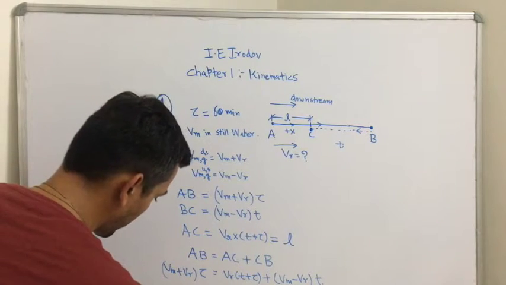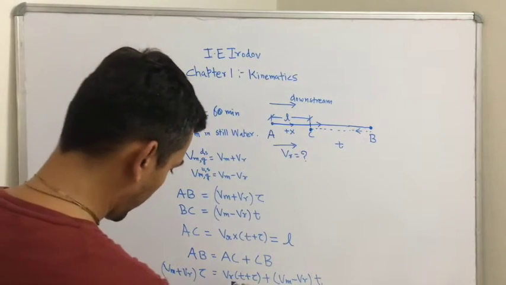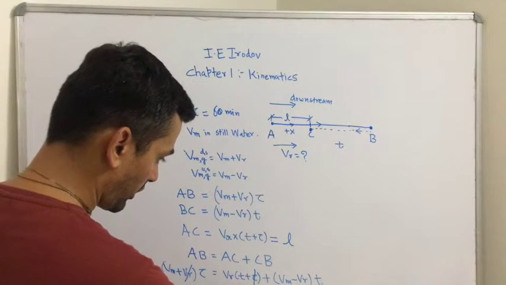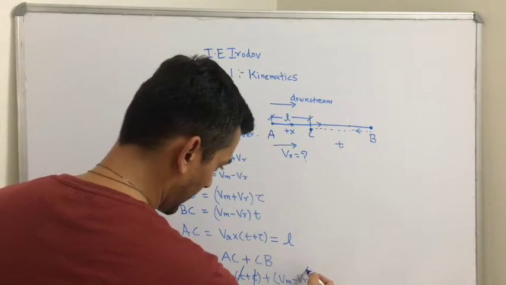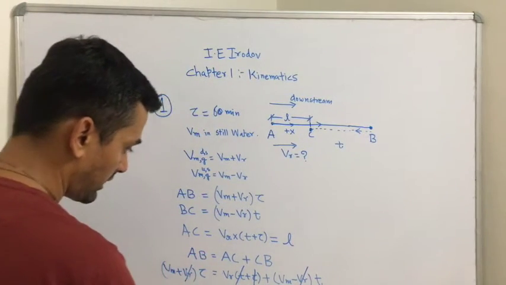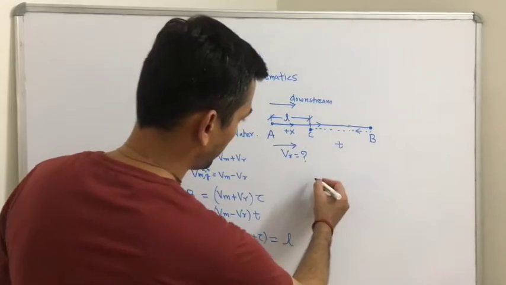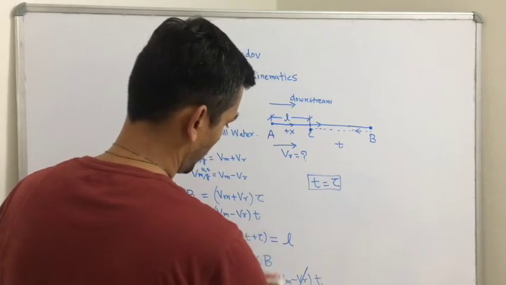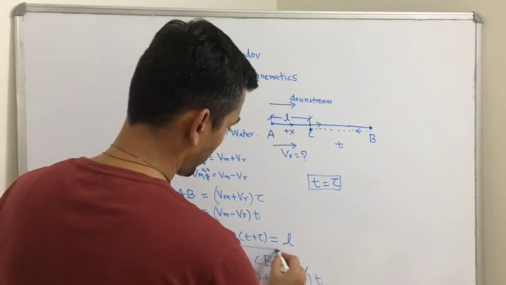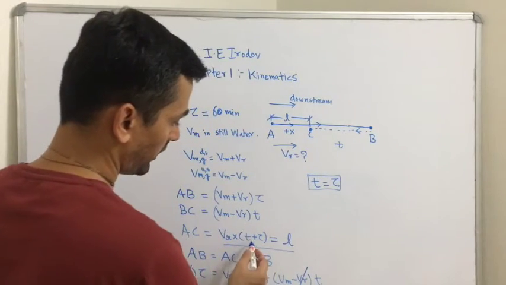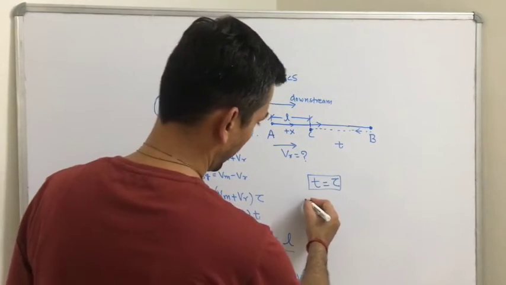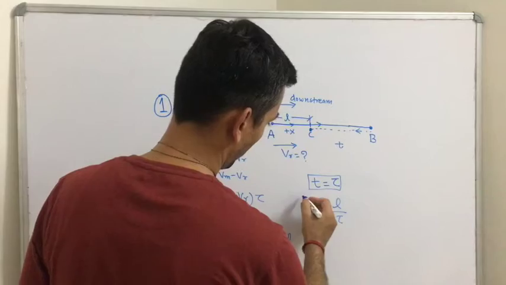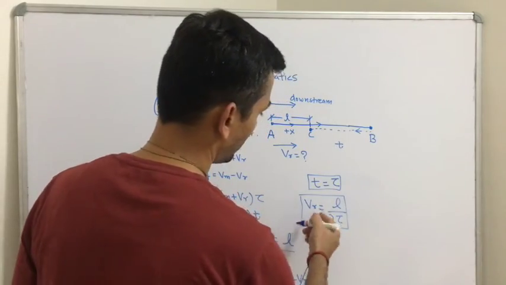If we solve this, we find that we have Vr tau and Vr tau on both sides of the equation. Then we have Vr t and Vr t, plus and minus, so it cancels out. So solving this equation gives me t is equal to tau. Now, using this and putting the value of t here, I get Vr is equal to L upon 2 tau. So this is the velocity of the river.